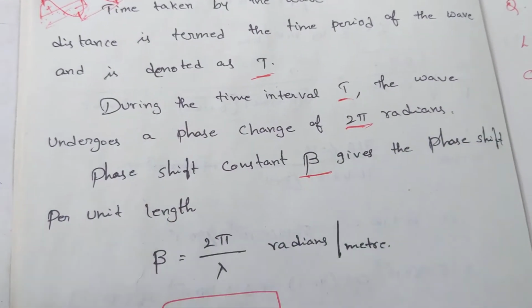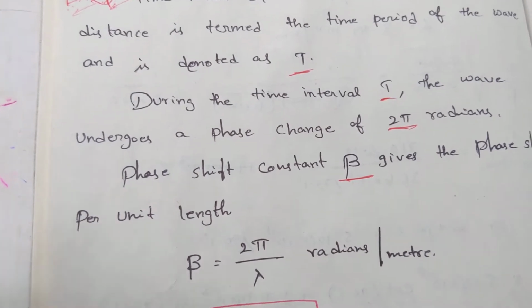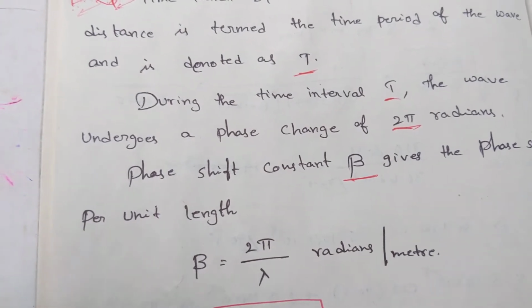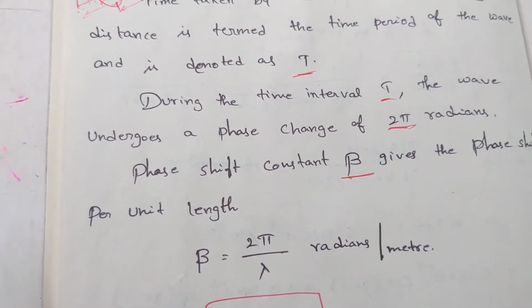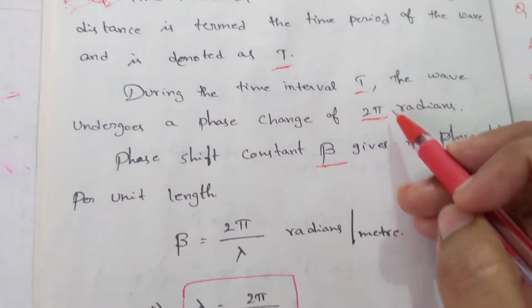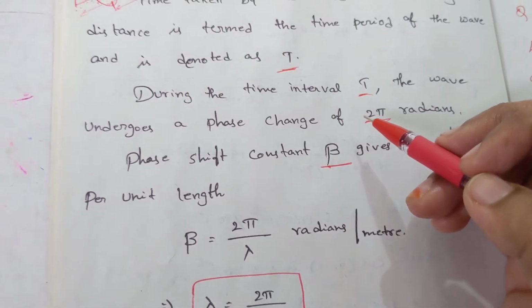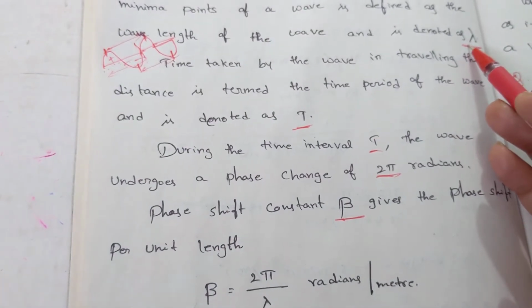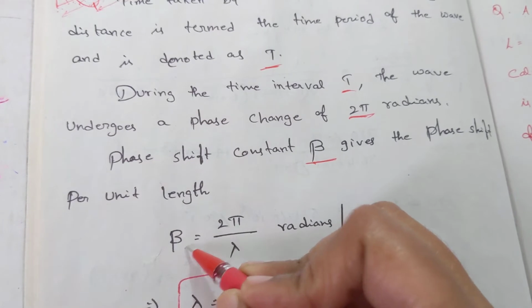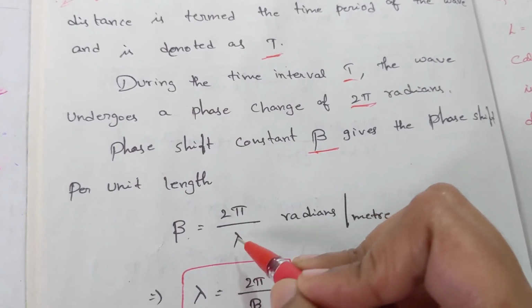For the phase constant beta, it is given as the phase angle variation per unit length. Here the phase angle variation for the duration of T is 2 pi. If I take it for the unit length, where length is represented in terms of lambda, then beta is given as 2 pi by lambda.